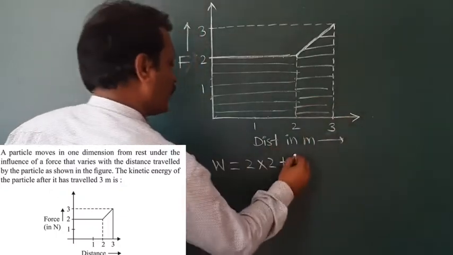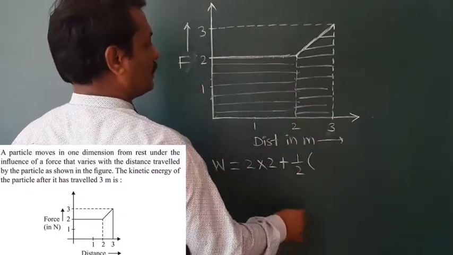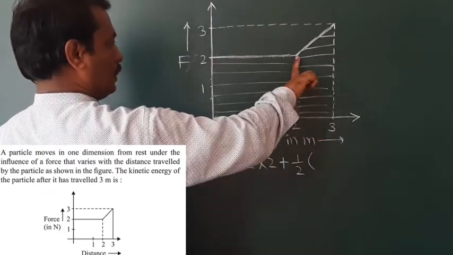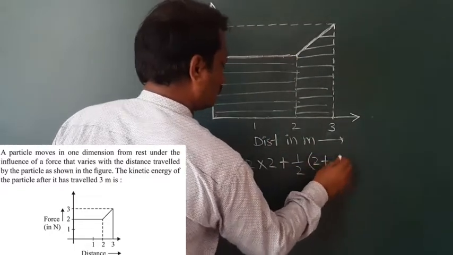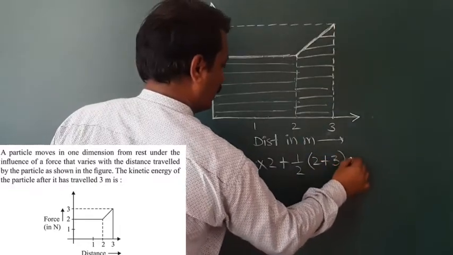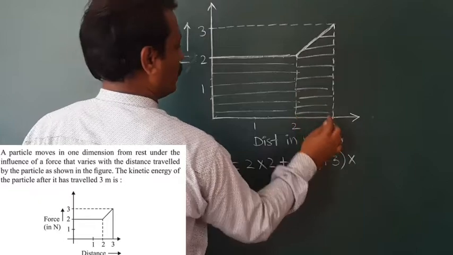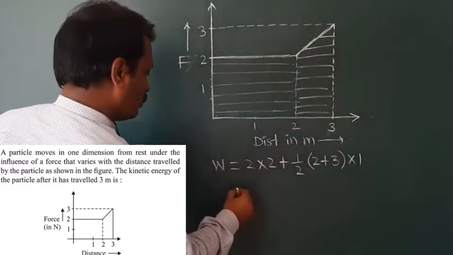You know that the area of a trapezium is given by 1 by 2 times the sum of the parallel sides. These are the parallel sides. So the height of this side is 2 units plus the length of this side is 3 units, into the height of the trapezium. The height, this one, is 1 unit.